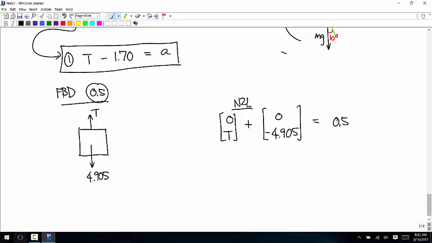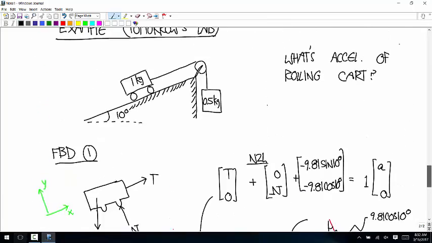And now we have to think about the acceleration of this. If this part goes up the ramp 1 inch, where does this thing go? Down 1 inch. So if this acceleration is in the positive x direction, this acceleration A has to be in the negative y direction. Anyone have any questions about that reasoning?